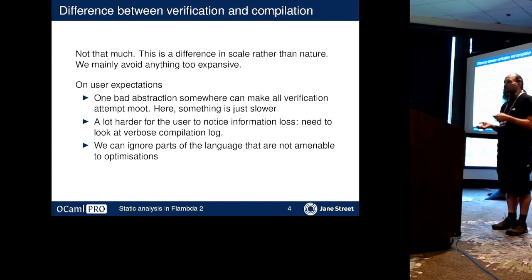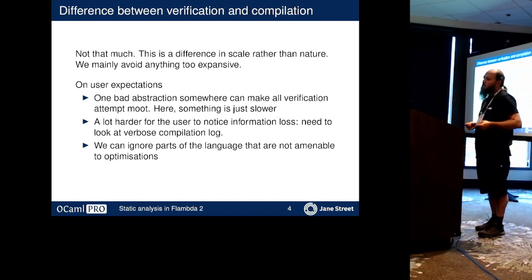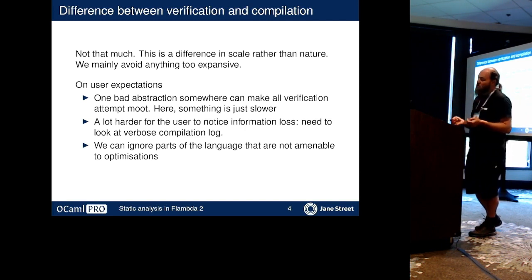But on the other hand, if we are bad, it's not that problematic. In a verification domain, if you have something that is top, then you don't know anything. You just know that your program doesn't verify your assertion, or does, but you don't know. In our case, it's just a bit slower, maybe just in a local case that doesn't matter that much.